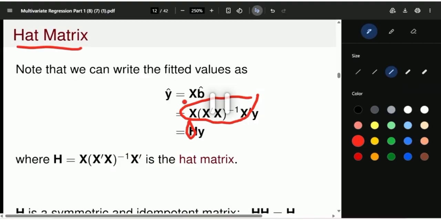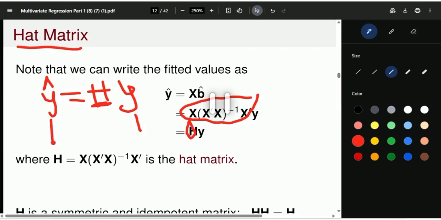Now I can rewrite this as this equals H times Y. It means the hat matrix enables us to transform the observed Y to the predicted Y.